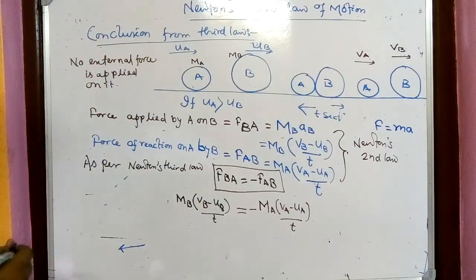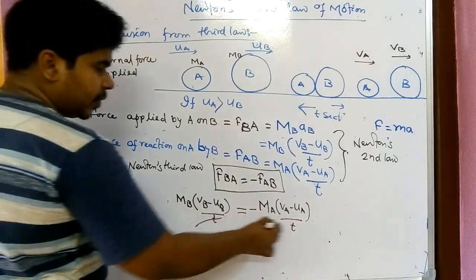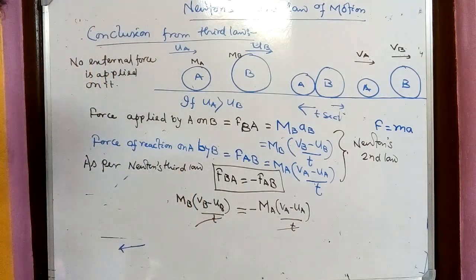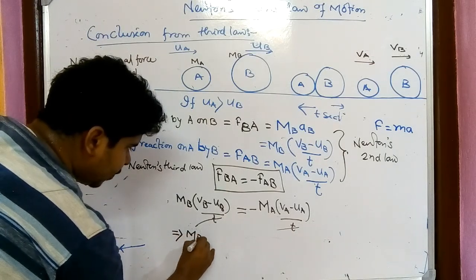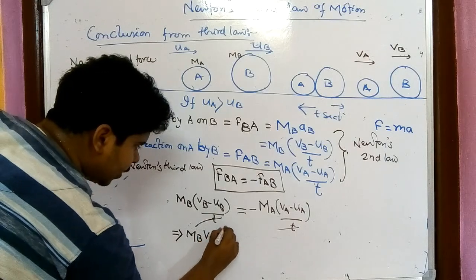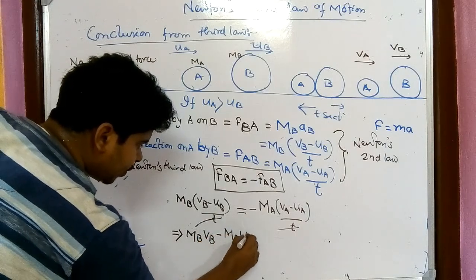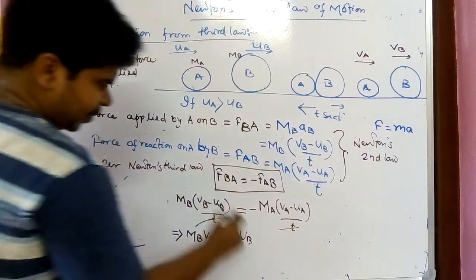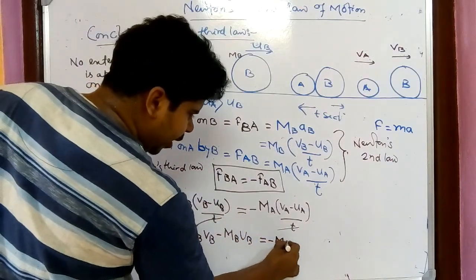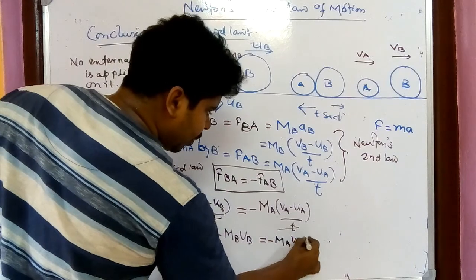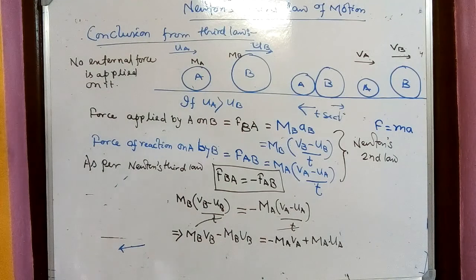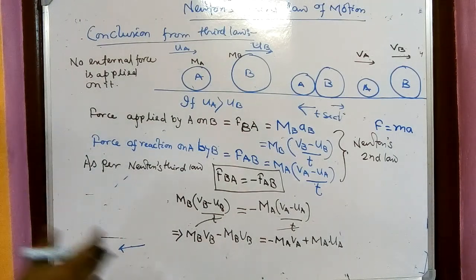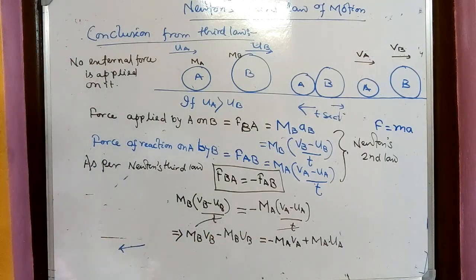Here you see T is common, so cancel it out and then multiply. If you multiply, it will come MB VB minus MB UB equals minus MA VA plus MA UA. If I arrange it this way, the minus sign will be interchanged.